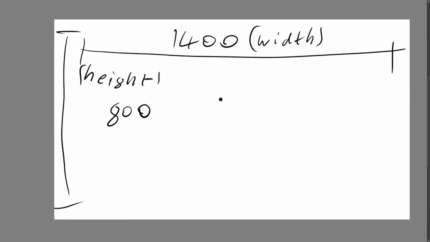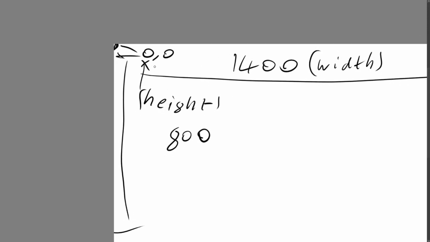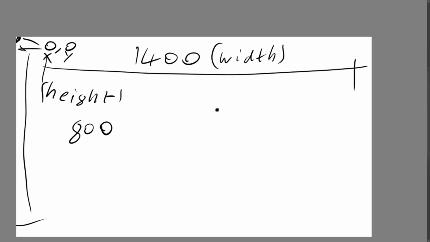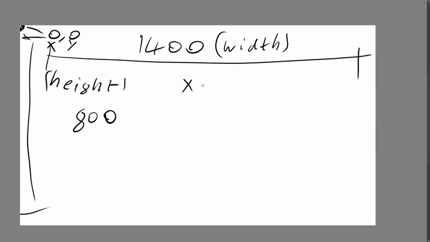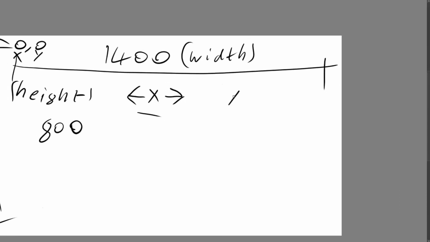That means if I have something at coordinate point 0, 0, so this is X, Y, technically width is not X, but the width-to-X plane is this line. The Y plane is up and down.